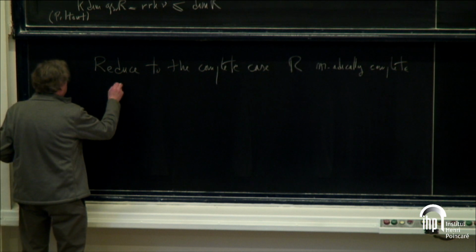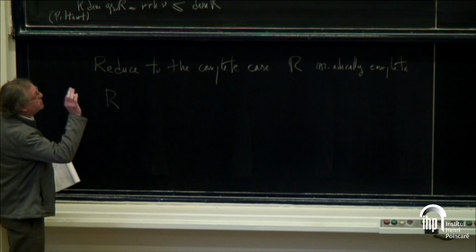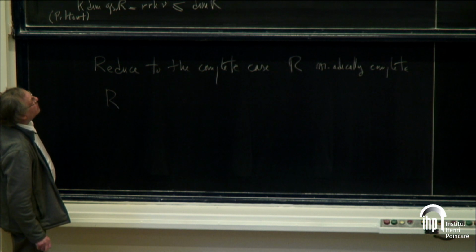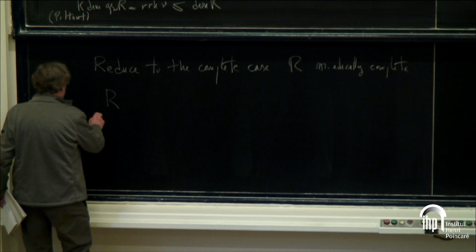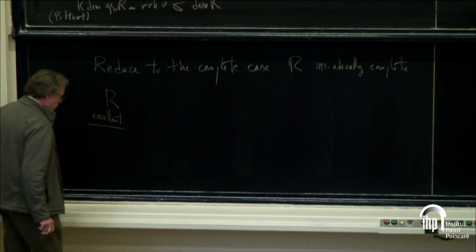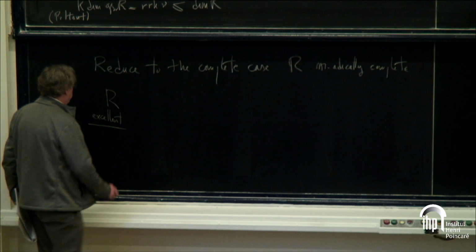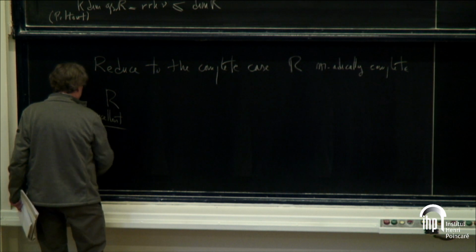The conjecture is this. Suppose that I have a ring, R, and I'm assuming that the valuation is rational, with no residue field extension, and I'm assuming that R is excellent. This is certainly an assumption which we need. I won't go into the definition. Just think of rings of algebraic geometry, and that's enough. Now, the conjecture is this. Nu is given.